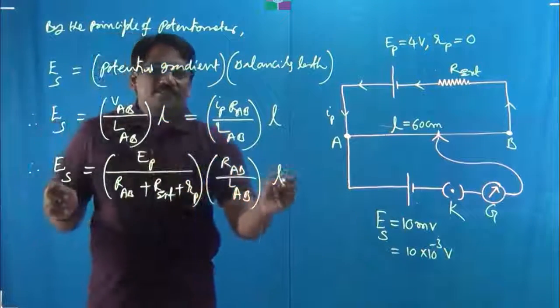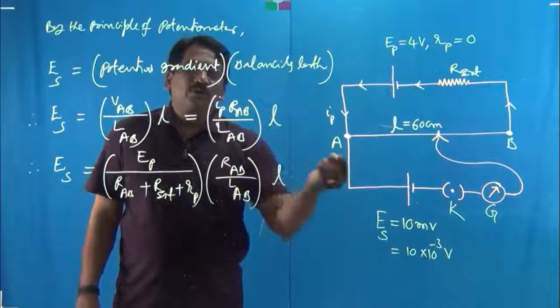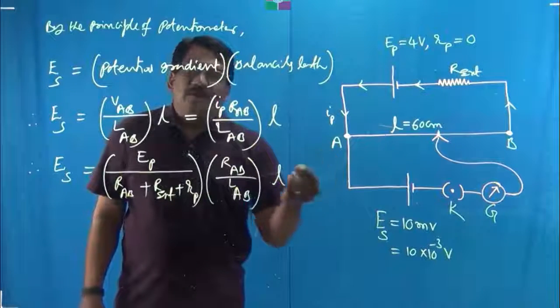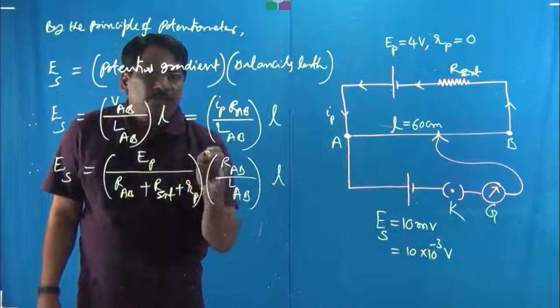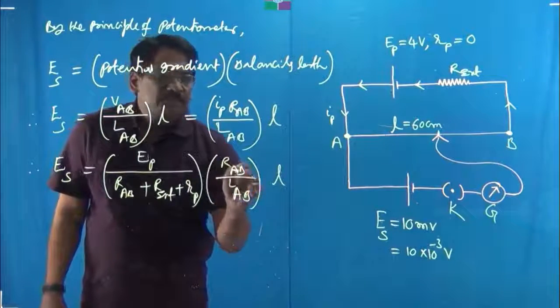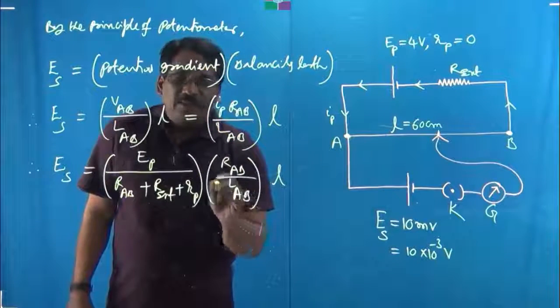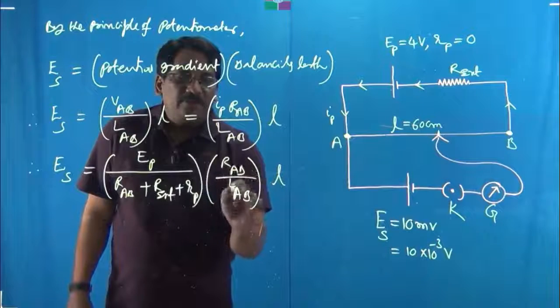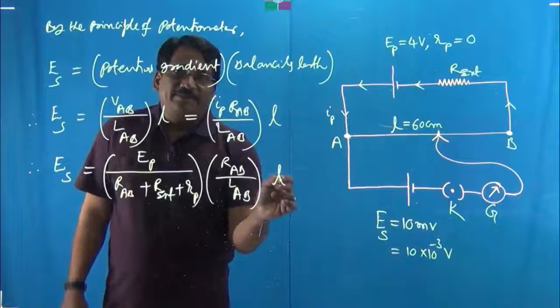Actually this is the most comprehensive formula to be used in solving questions based on potentiometer. This term stands for I primary. This is resistance of the potentiometer wire divided by length of the wire. Actually I primary into R of AB divided by L of AB gives potential gradient into balancing length.